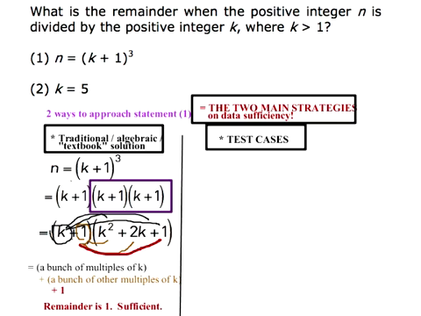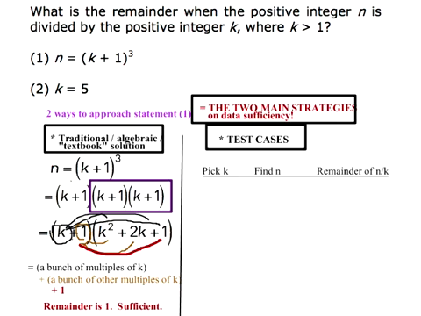So pick k, find n, and then you're actually dividing n by k. K has to be greater than 1, so let's start with 2.